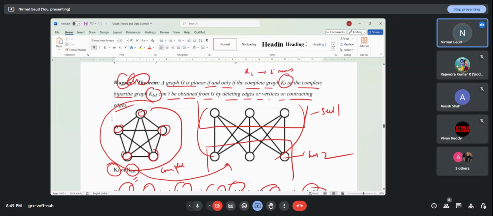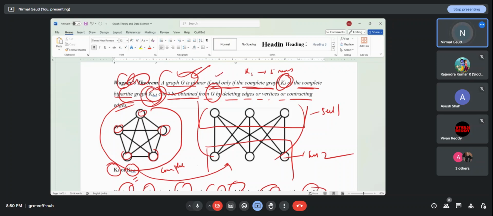So what Wagner's theorem is trying to show you is that a graph G is planar if and only if the complete graph K5 and the complete bipartite graph K33 can't be obtained from this graph. See, if the graph is planar, I can't obtain this thing from a planar graph.